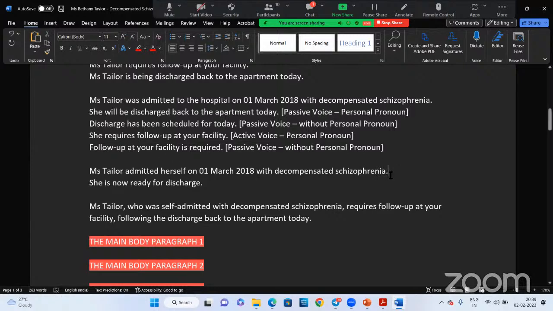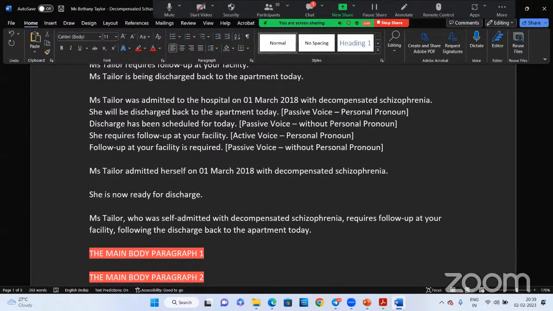Okay. Miss Taylor admitted herself on 1 March 2018 with decompensated schizophrenia. Okay.